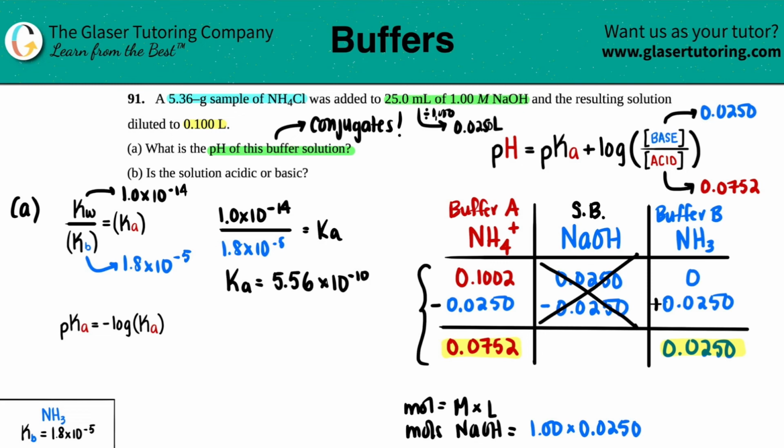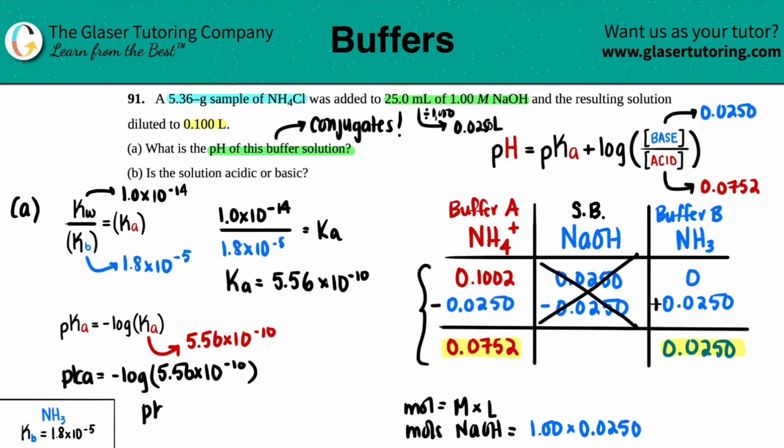Okay. So now, the Ka value we just found was 5.56 times 10 to the negative 10th. So we could just plug that in and find the pKa. pKa equals negative log of 5.56 times 10 to the negative 10th.